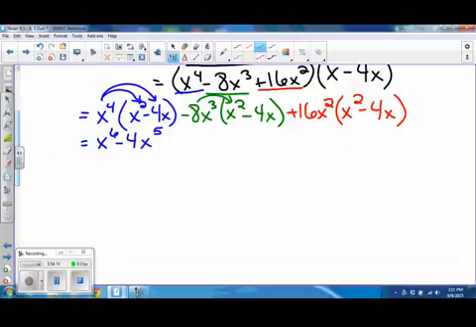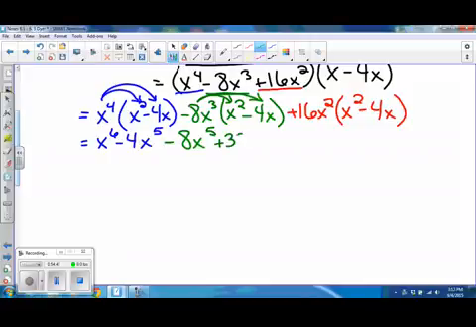Negative 8x to the 3rd times x squared is negative 8x to the 5th. Negative 8x to the 3rd times negative 4x, what is that? Good.